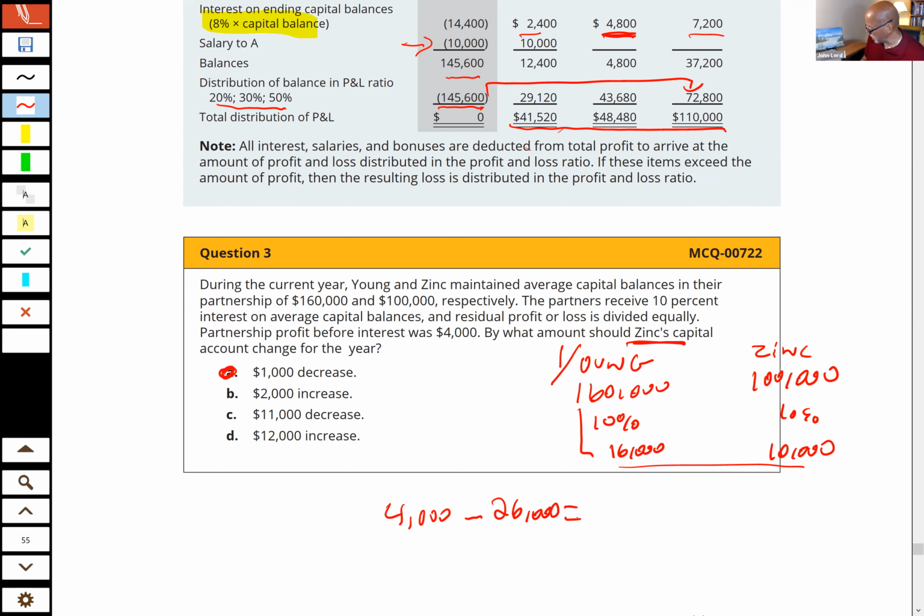So there's a remaining loss here now of negative 22,000, of which they've decided to split evenly. And so that means we're going to have to take 11,000 back from Young, 11,000 back from Zinc. And so if you look, Zinc's account did what? Decrease 1,000, while Young's increased 1,000.